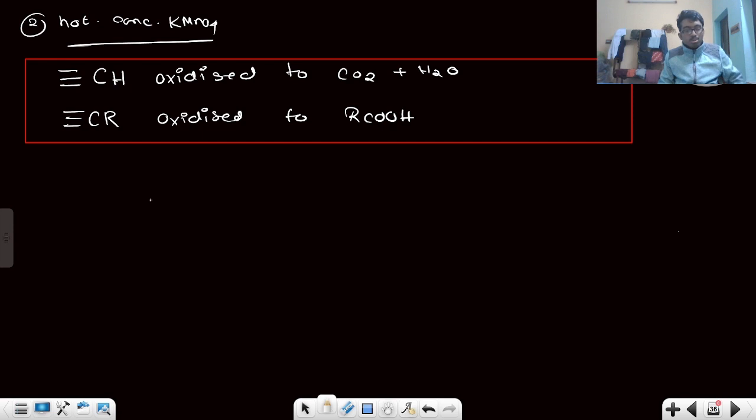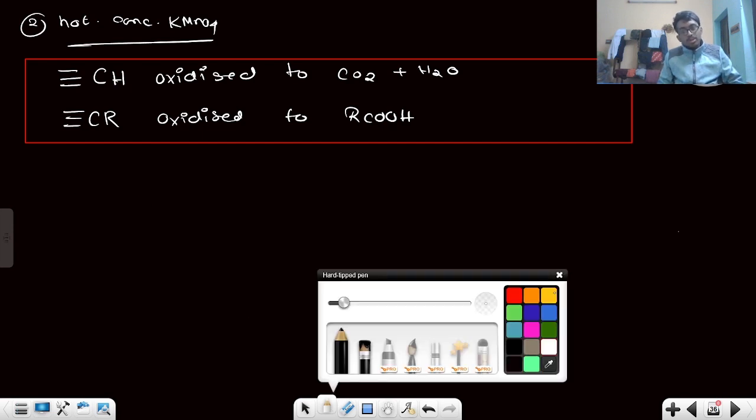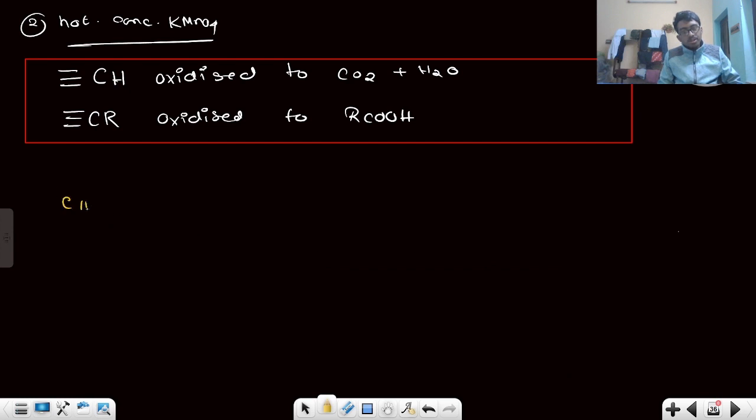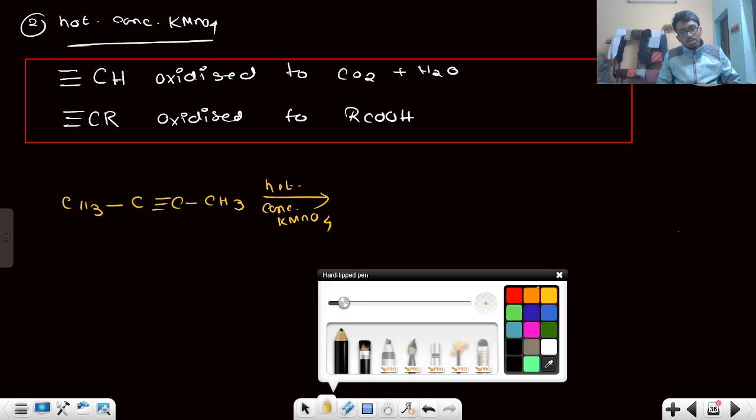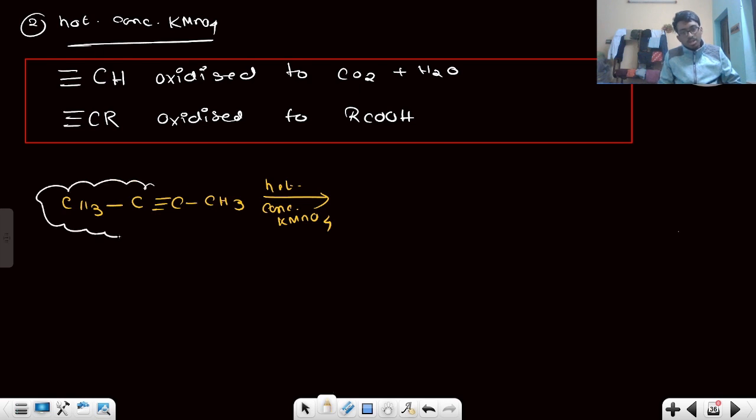So here, suppose we take the example CH3-C≡C-CH3, and I am using hot concentrated KMnO4. What am I supposed to get? This side I can see RC, so it will become COOH.